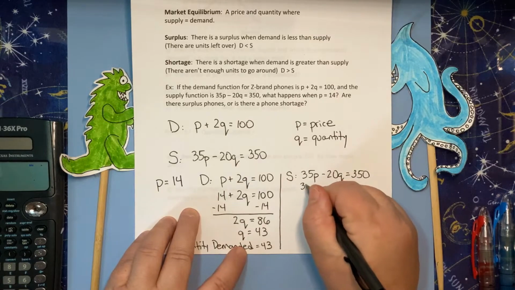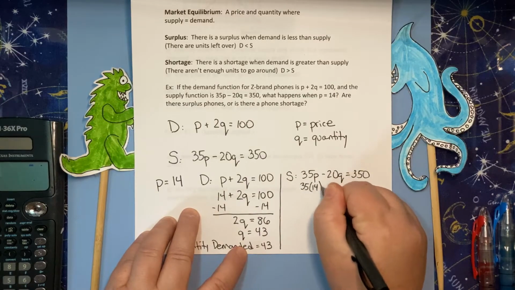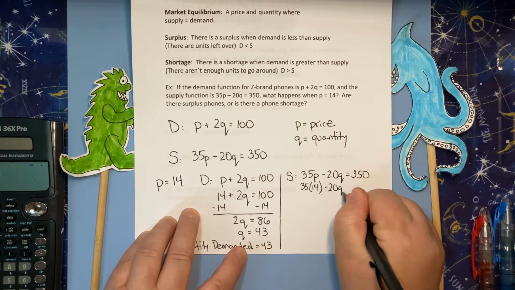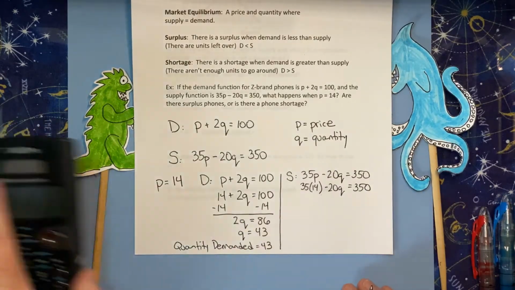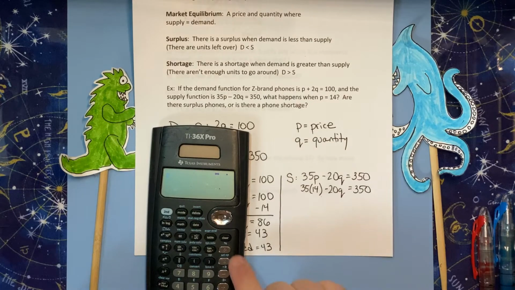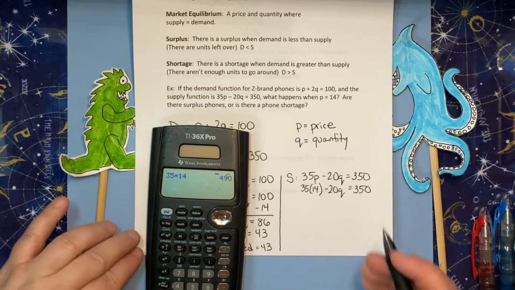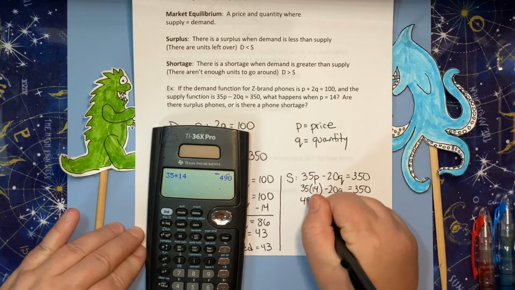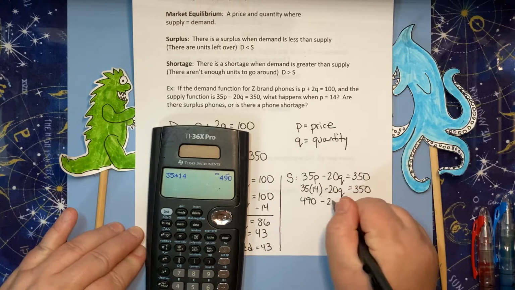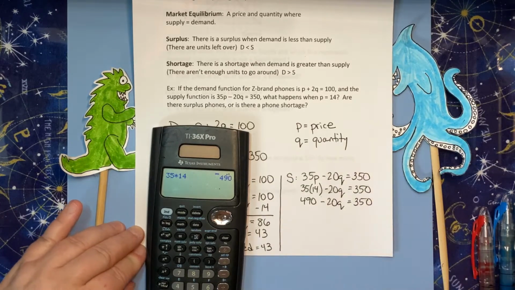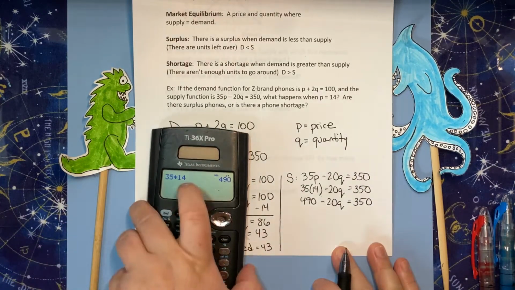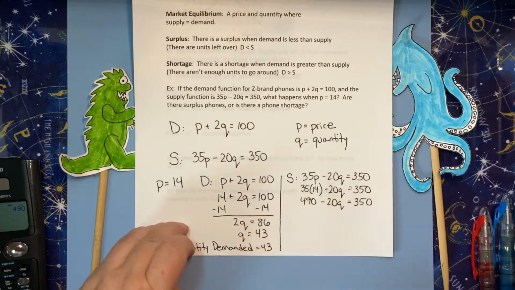I've got 35 times 14 minus 20Q equals 350. 35 times 14 is 490. So 490 minus 20Q equals 350. This is not a fun equation to solve by any stretch of the imagination.